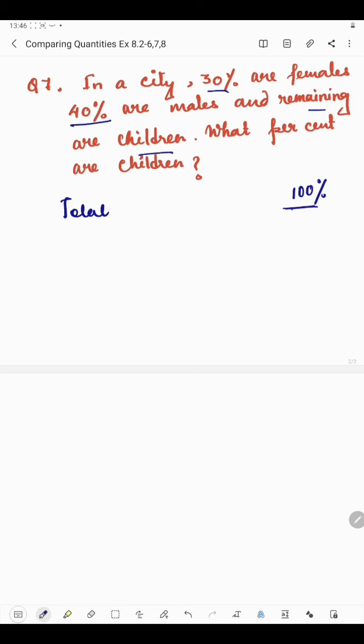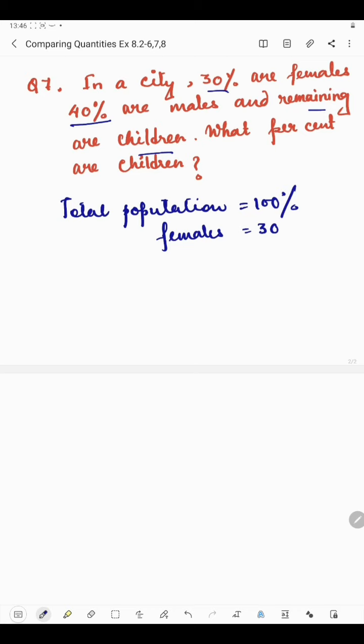So the total population is 100%. Now out of that 30% are females and 40% are male. If we add females and males and then subtract from 100%, we'll get the remaining.